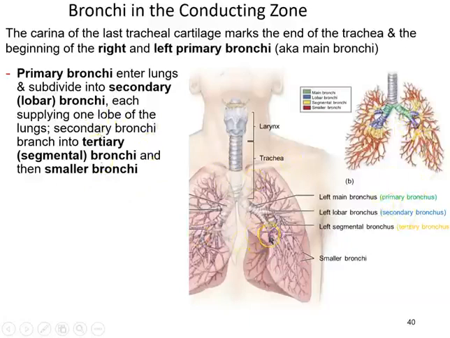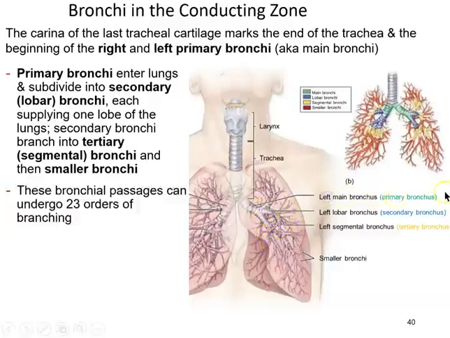After that, they branch and branch and branch. And so the segmental would be visible here. They would be what's branching just after, just like here and here. So these would be secondary or lobar, and then these would be segmental.